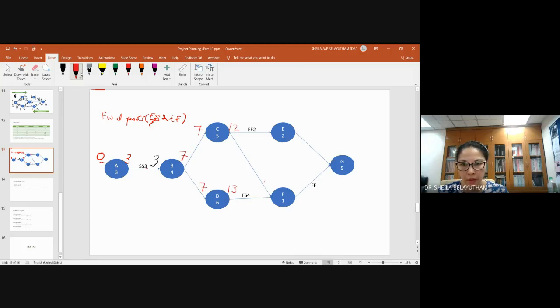Just place it small here. And for D to F, finish to start 4 basically means that F will start 4 days after D finishes. D finishes 13 plus 4, F will start 17. Moving forward, we will choose the larger one so that it does not overlap with activities which have not completed.